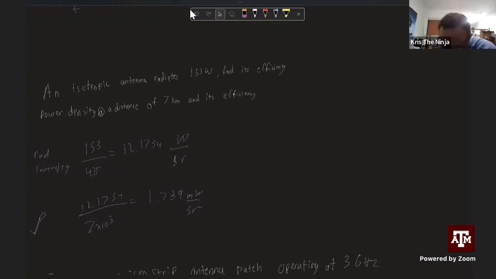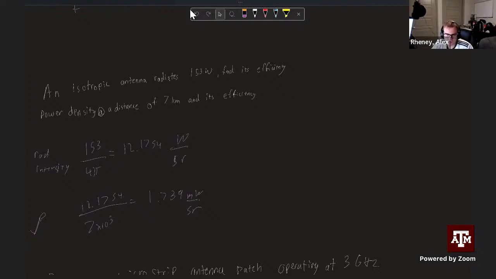Yeah, I just read that as well. What's the symbol for that? Is it mu naught or something? Or G naught? For which one, the power density?